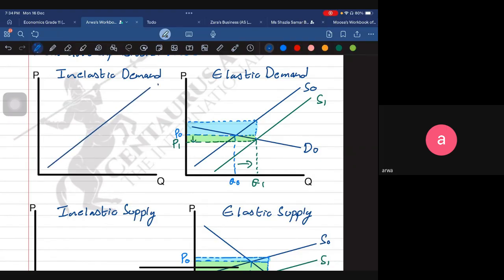This is supply S naught. This is the normal supply, and we have an inelastic demand, which looks like this. D naught with the original point, showing P naught and Q naught, and the supply is going to shift towards the right.